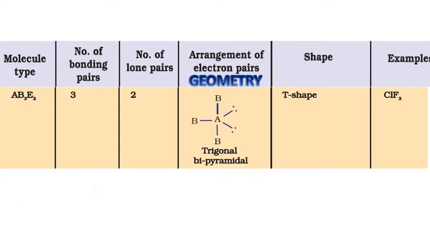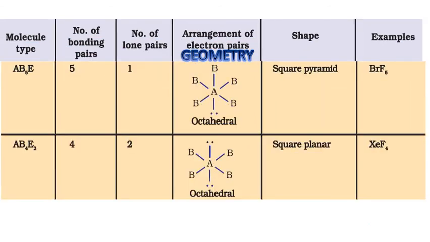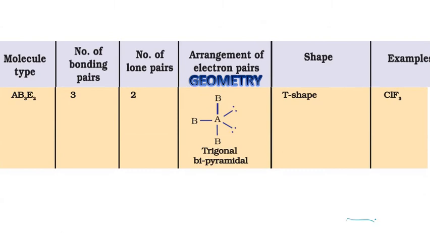In the next example, the molecule type is AB3E2. The central atom is A, surrounded by 3 atoms B and 2 lone pairs. So the number of bonding pairs is 3 and the number of lone pairs is 2.